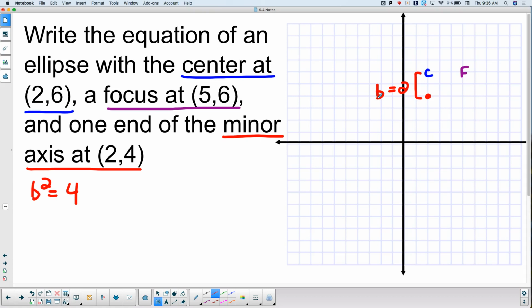C squared is 9, so c is 3. This right here is 3, and that is c. So c squared is 9.